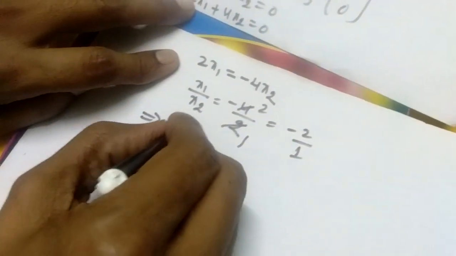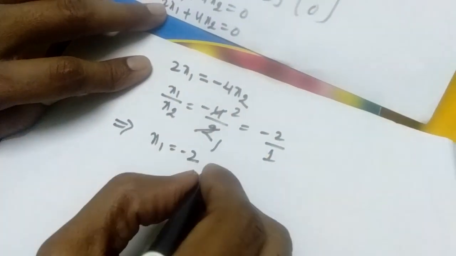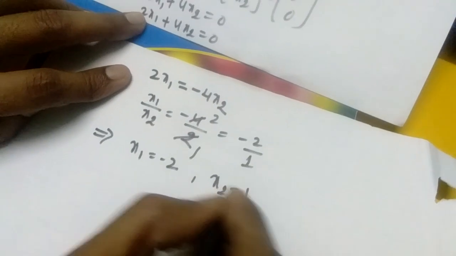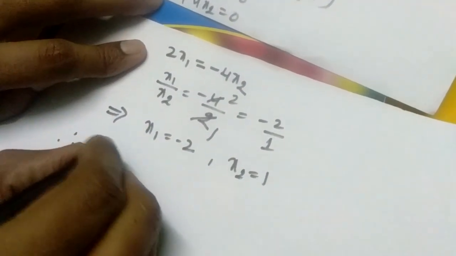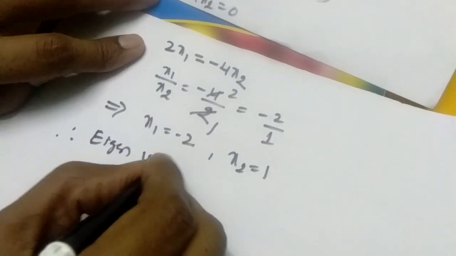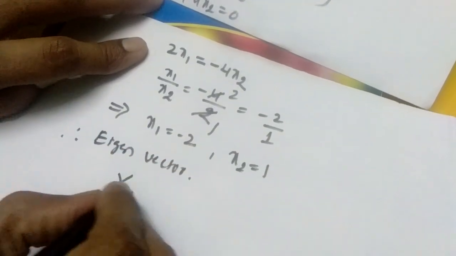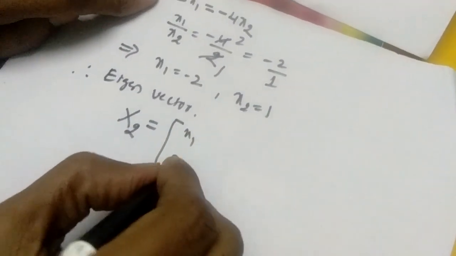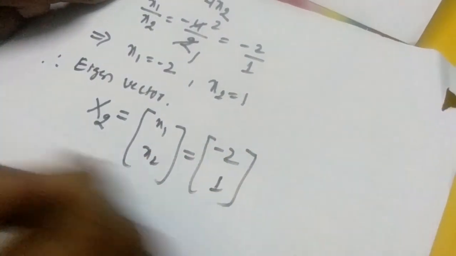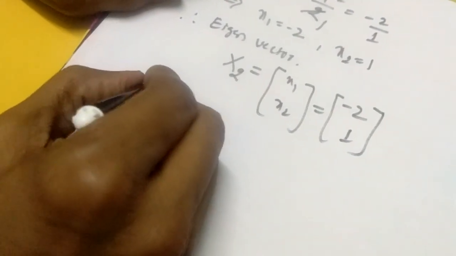This implies x1 is equal to minus 2 and x2 is equal to 1. Therefore the second eigenvector is represented by capital X2 equal to [minus 2, 1].